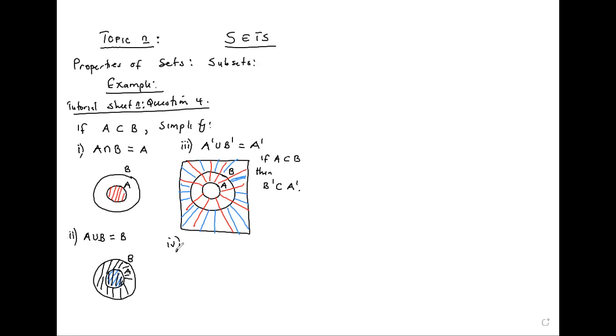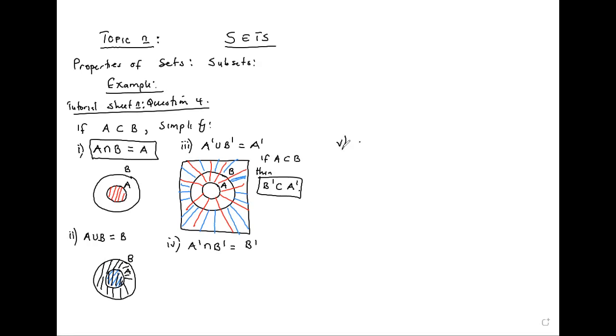Then for A complement intersection B complement, because of this statement and the answer in 1, if B complement is a subset of A complement, then A complement intersection B complement is equal to B complement. It's clear in the shading that the two will intersect where we shaded the B complement there. So we'll have both sets there.